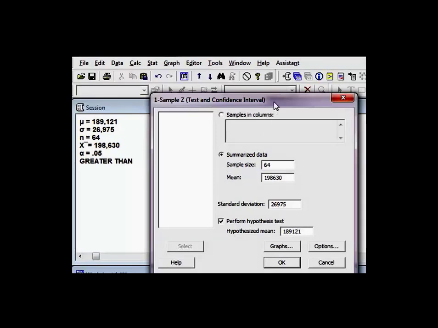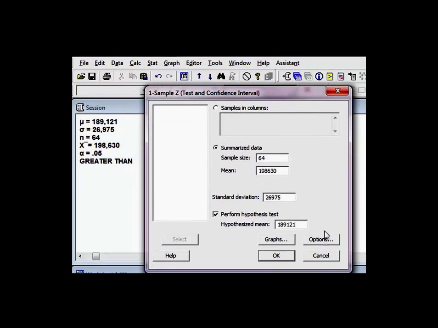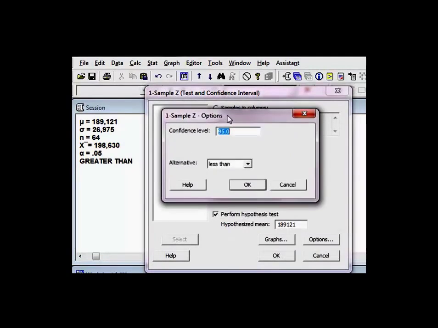So now all I have to do is tell it what options I want. Well, I want to test at a 95% confidence level, which is that idea of alpha of 0.05. So confidence level plus alpha is always going to equal 1.